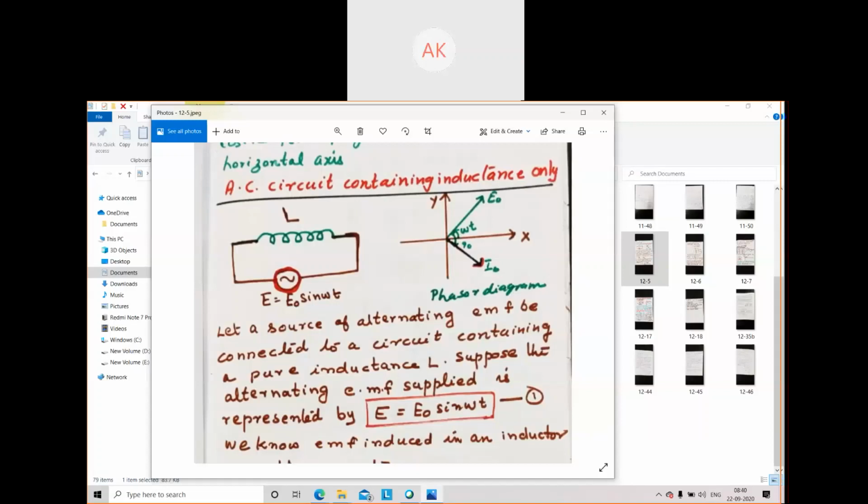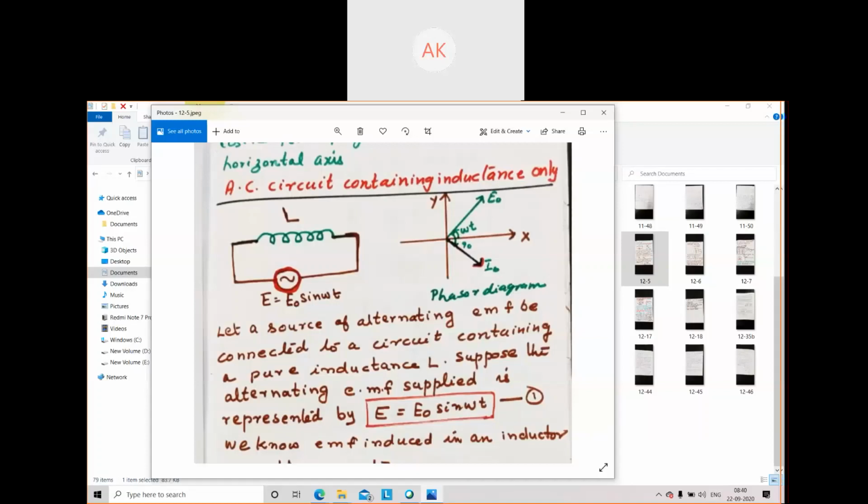Because flux is not changing in DC. Steady current. AC current is changing, so flux is changing. Phi equal to Li. Then EMF induced is L di by dt. So opposing EMF will be induced when the flux linked with it changes.